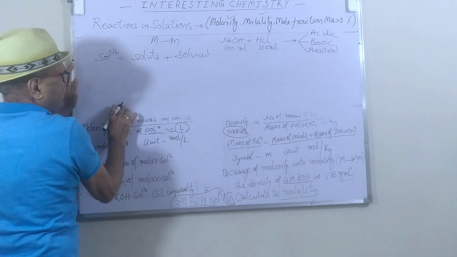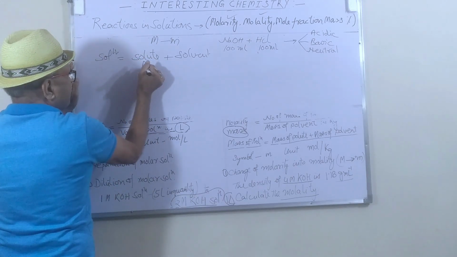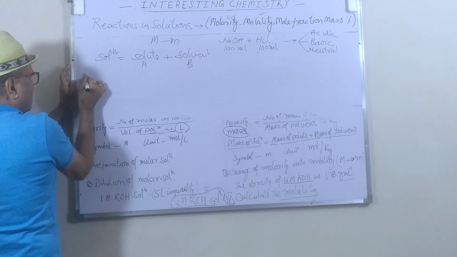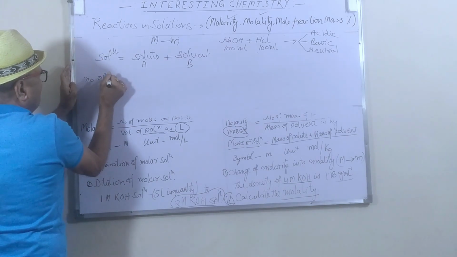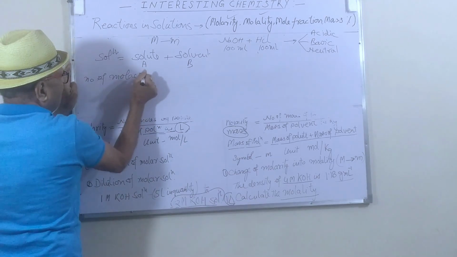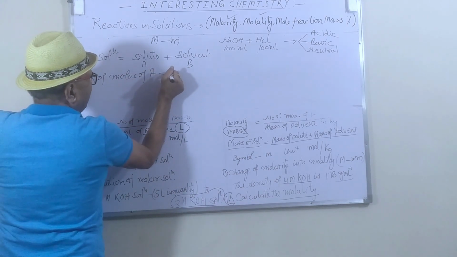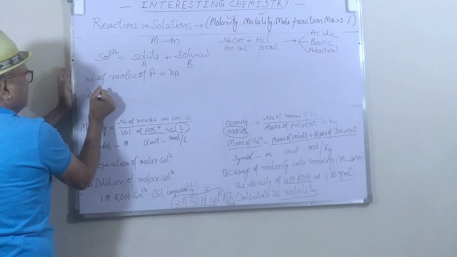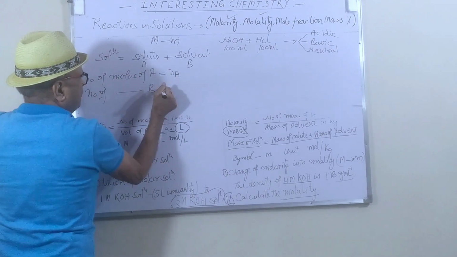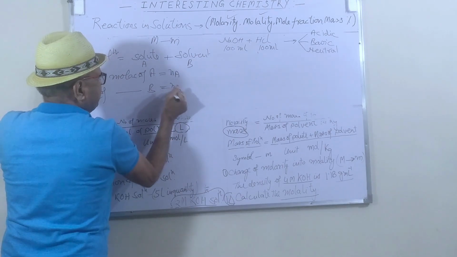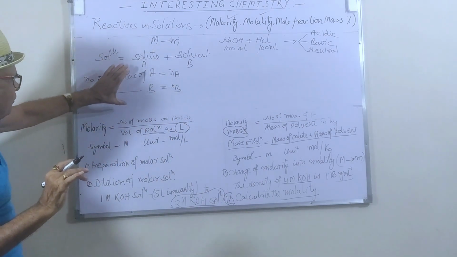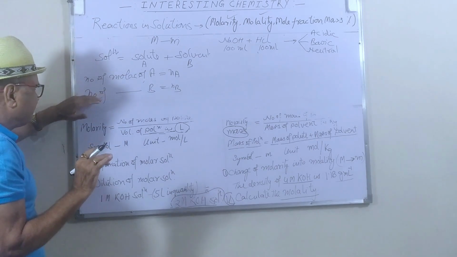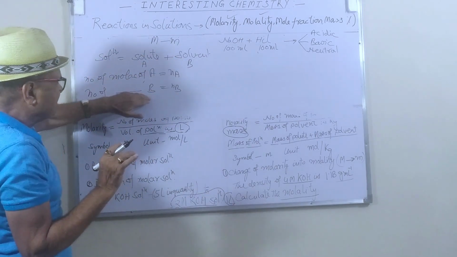Suppose the solute is A and the solvent is B. The number of moles of A is Na, and the number of moles of B in that solution is Nb.